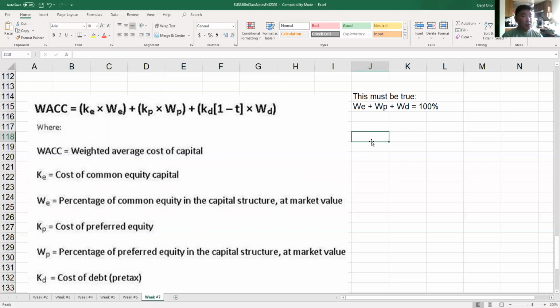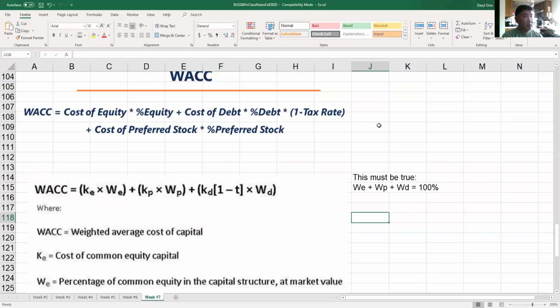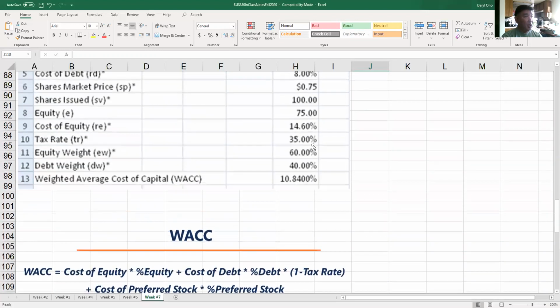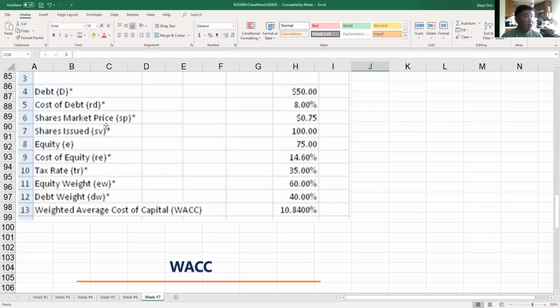Okay, so any questions? No question now. Okay, here's another one with the formula. On this one, there's no preferred stock.